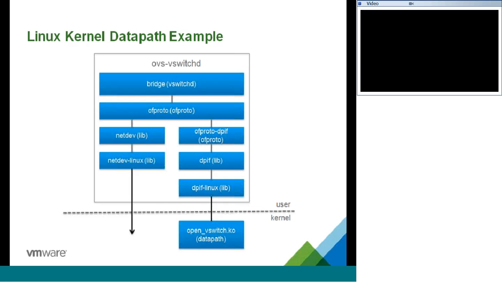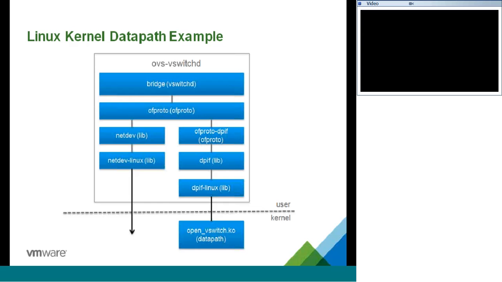And so each one of these layers you can integrate. For example, DPIF Linux communicates with the kernel module, but if you ported this to BSD, you could imagine having a DPIF BSD interface that then communicates with the kernel module in BSD. The BSD port currently doesn't work that way.